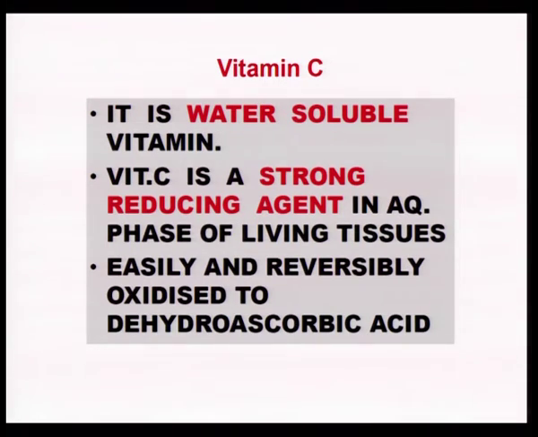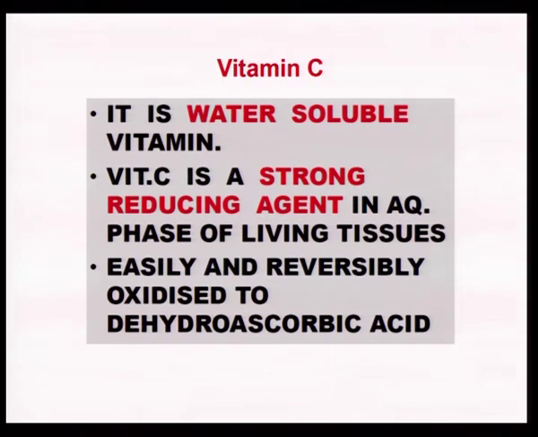Today we are going to go through what exactly this vitamin C is all about. We know it's a water soluble vitamin, and it's a very strong reducing agent, and that's one of the reasons vitamin C is used as an additive in the food industry, not only for its nutritive value, acting like an antioxidant in the food supplements that we take.